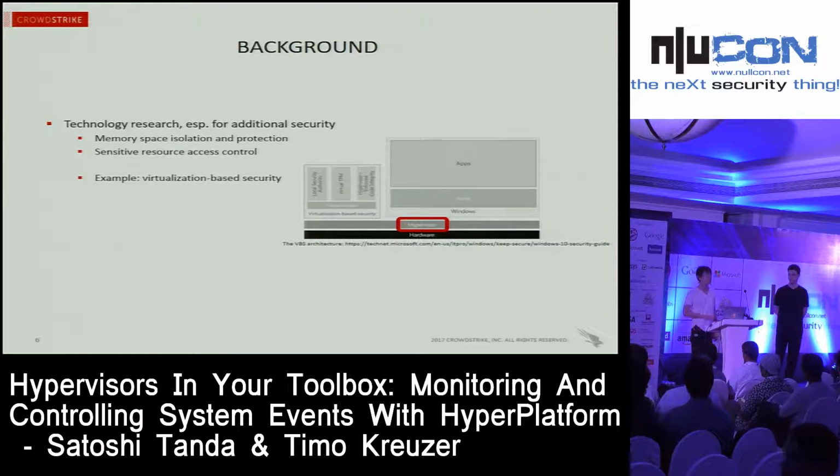By isolating memory, it protects lsass.exe from the pass-the-hash attack, and an internal component named HyperGuard protects sensitive system resources from being modified by unauthorized processes or drivers. So you can implement that kind of additional security by using virtualization technology.